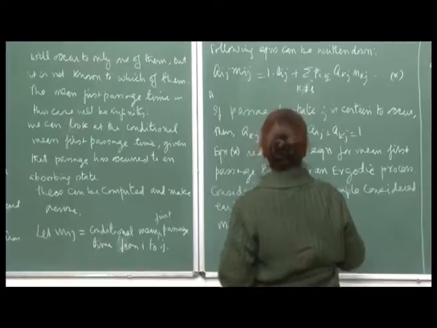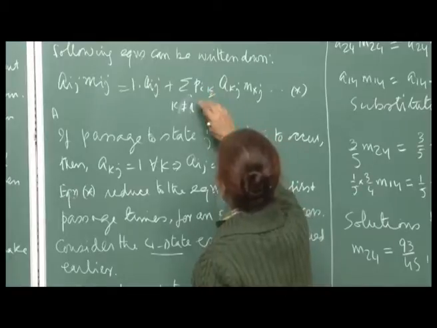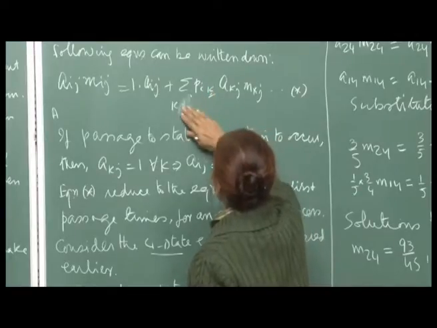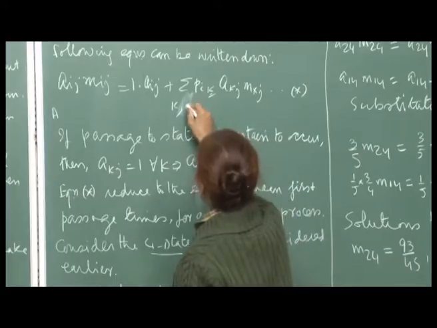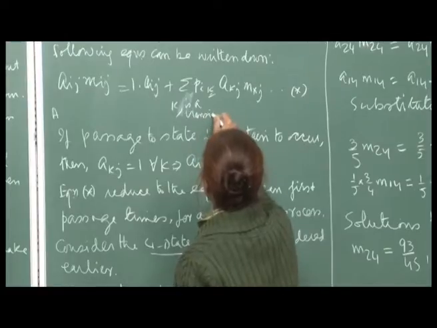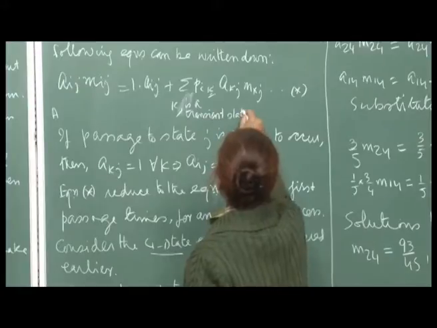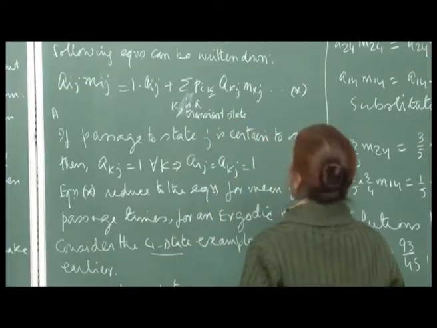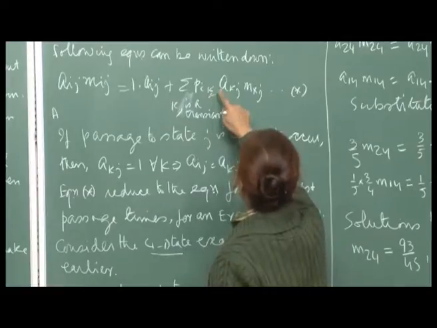Then either this transition occurs in one step, or you will go from i to k, where k is a transient state. That is all I want to say. So, then you may transition to another state or to itself, p_ik, then a_kj.